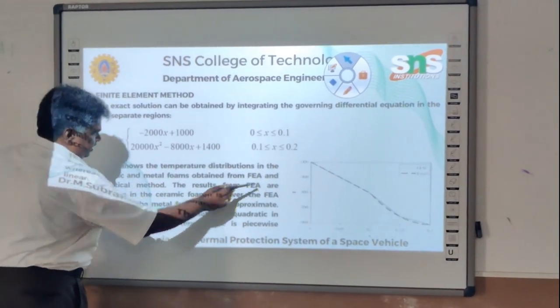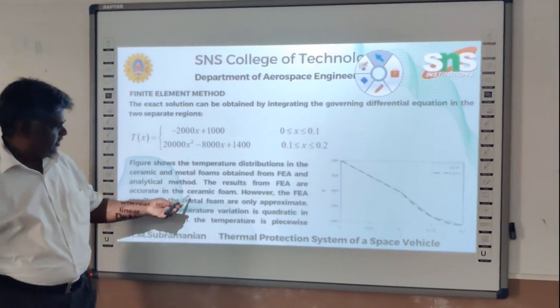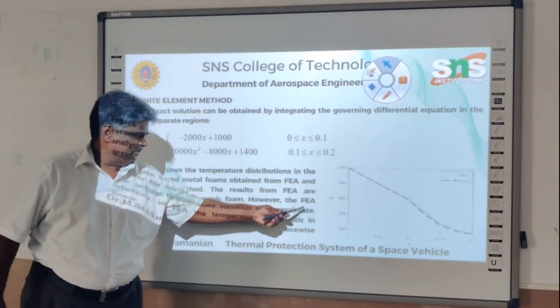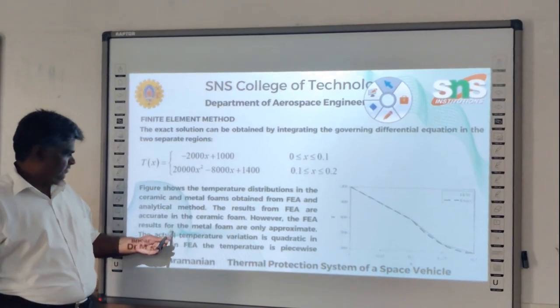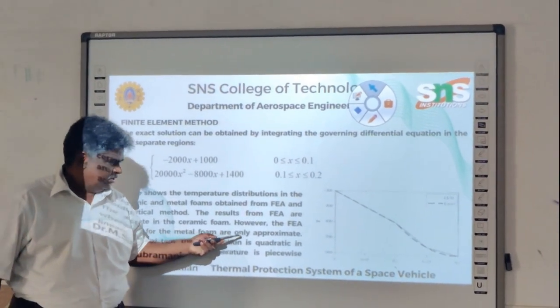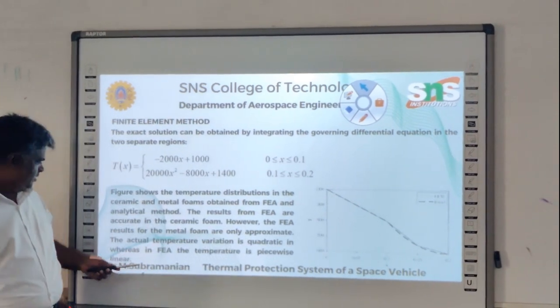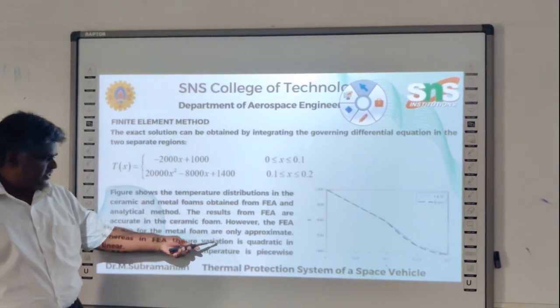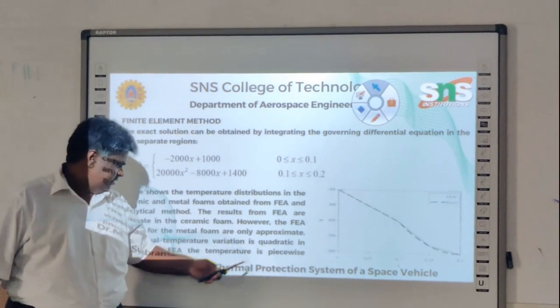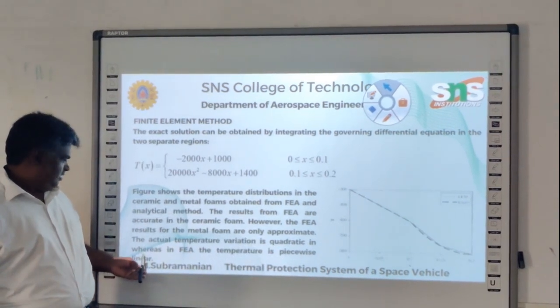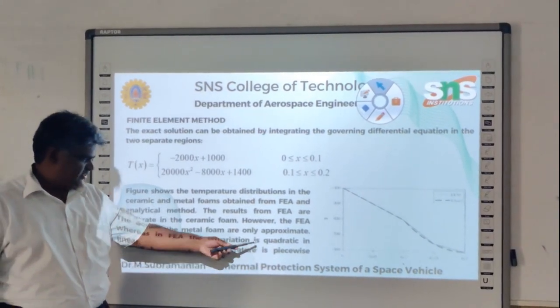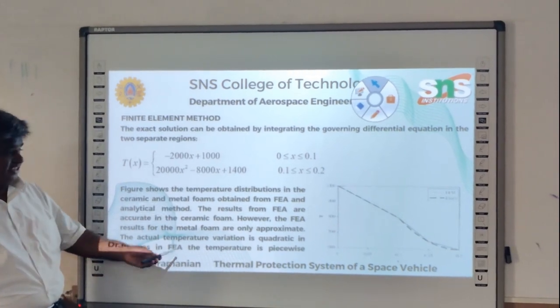The results from FEA are accurate in the ceramic foam. However, the finite element analysis results for the metal foam are only approximate. The actual temperature variation is quadratic, whereas in FEA the temperature is piecewise linear.